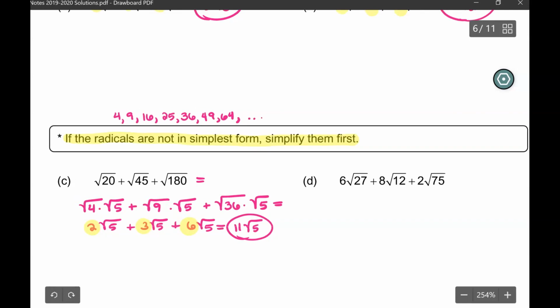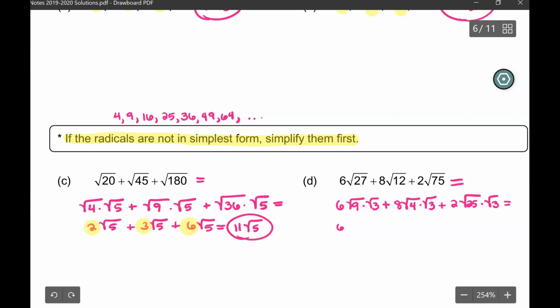Okay, next one. This one also has some coefficients. So I have 6 times the square root of 27. I know 9 will go into that. So it'll be 9 times 3, plus 8 times the square root of 12. I know 4 goes into that. So square root of 4 times square root of 3, plus 2 times the square root of 75. 25 goes into that 3 times.